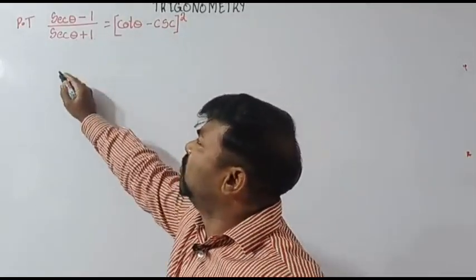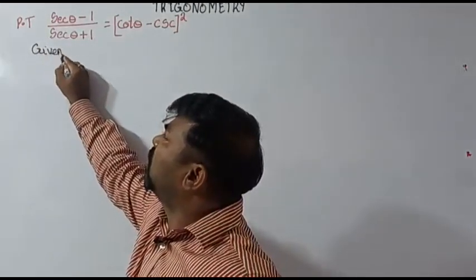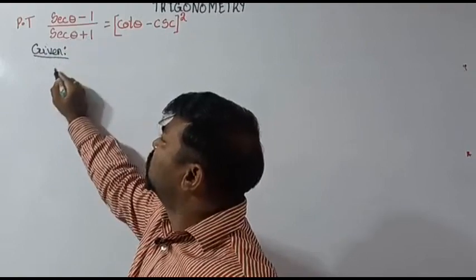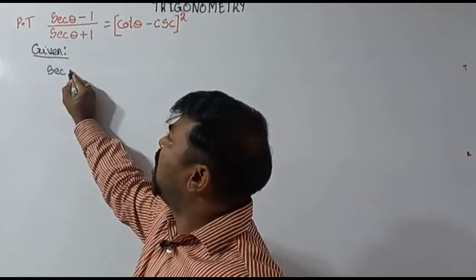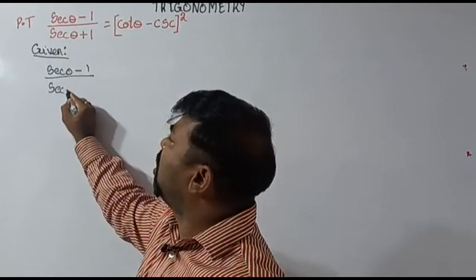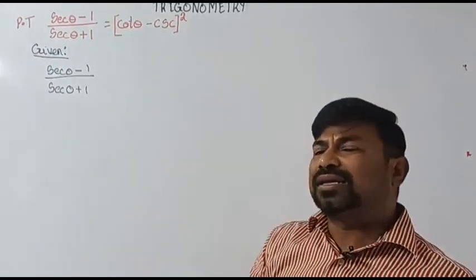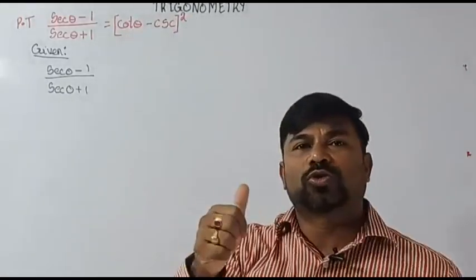So now, we start at the given question. Secant theta minus 1 by secant theta plus 1 is the given question. My ultimate target is to get the whole square.